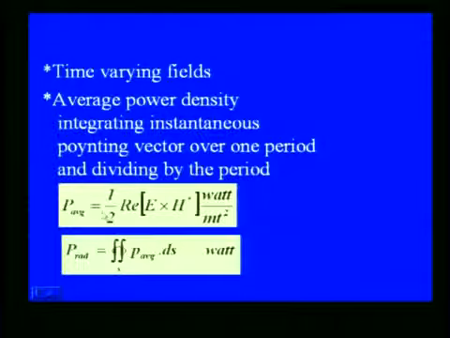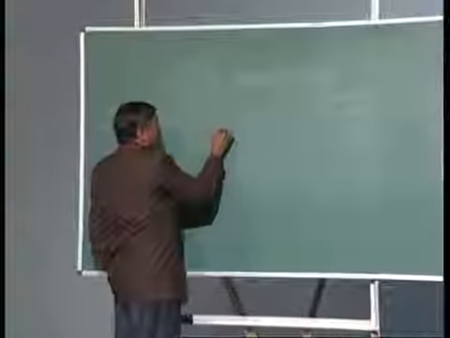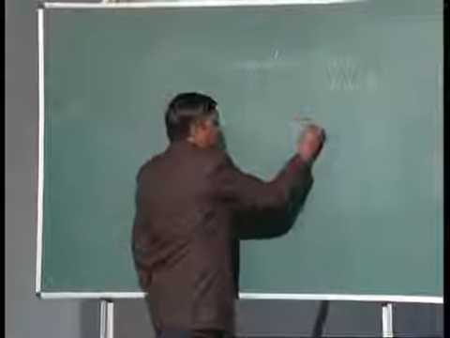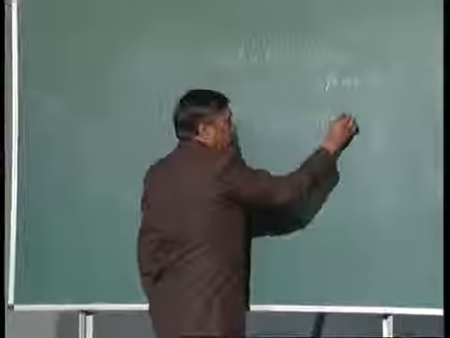So, in this first expression, you see that I put a 1 by 2, because here these fields are peak values. If you are not considering the peak values, then this half will not be there. If you are considering the RMS values, then this P average expression will be Re E cross H conjugate.